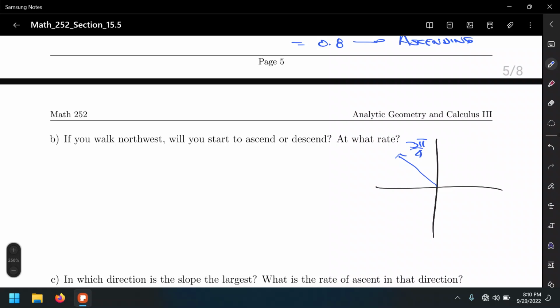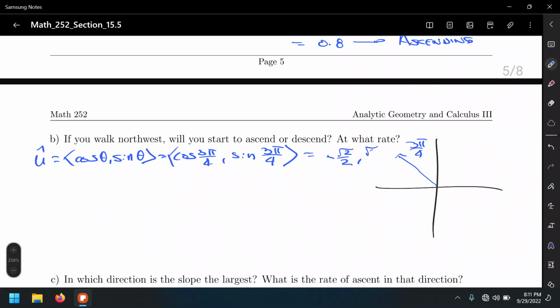Recall that we can get that unit vector using cosine theta, sine theta, which equals cosine 3 pi over 4, sine 3 pi over 4. In this case that's negative root of 2 over 2 comma root of 2 over 2. That's the unit vector in the direction towards the northwest.